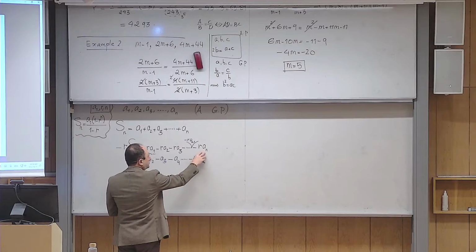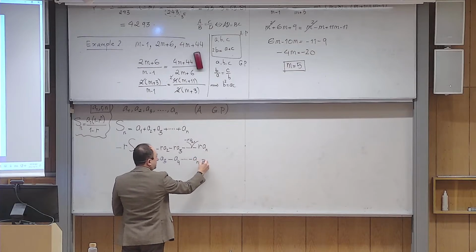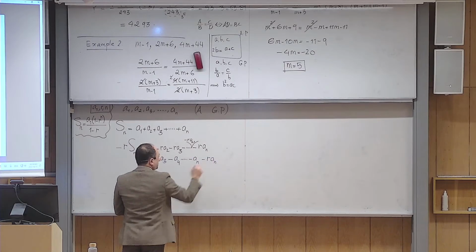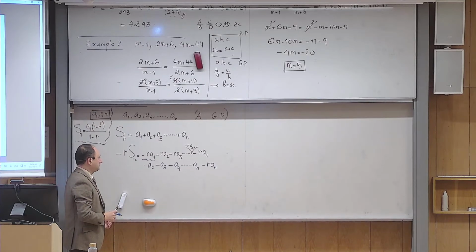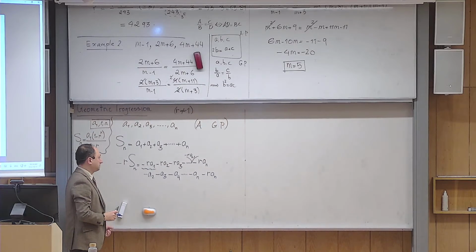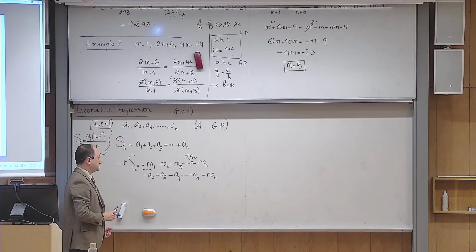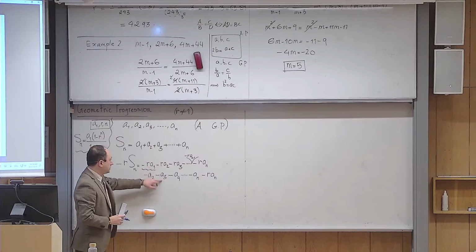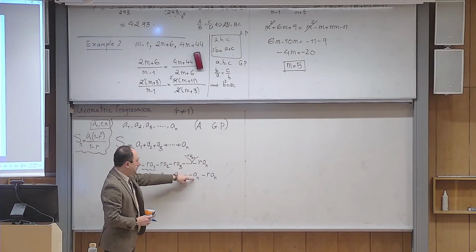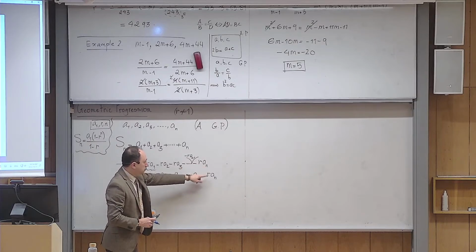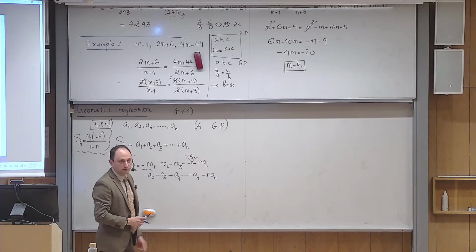But then I have to write this down here. Yes, is that correct? So this becomes minus A2, minus A3, minus A4. This becomes minus an. Then the last one, I just copied and pasted that last term here.